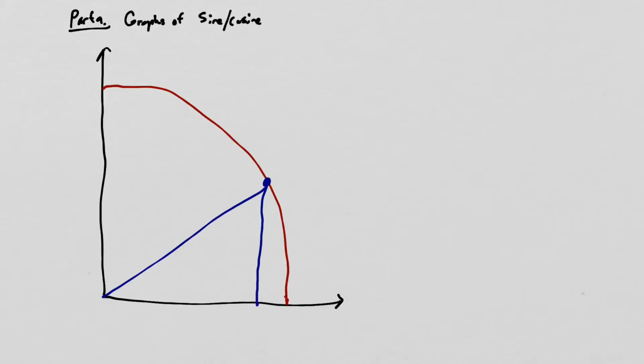This first triangle is determined by 30 degrees. This next triangle will be determined by 45 degrees. And our last triangle will be determined by 60 degrees.